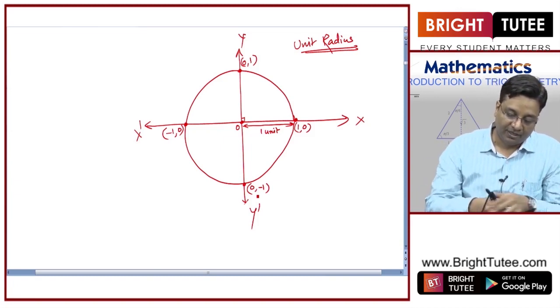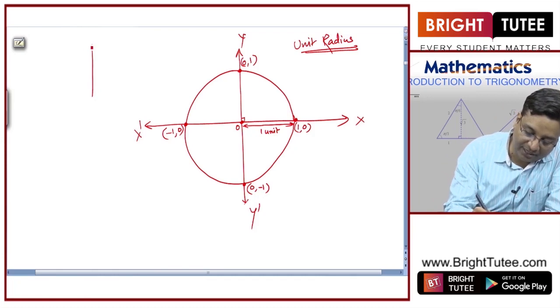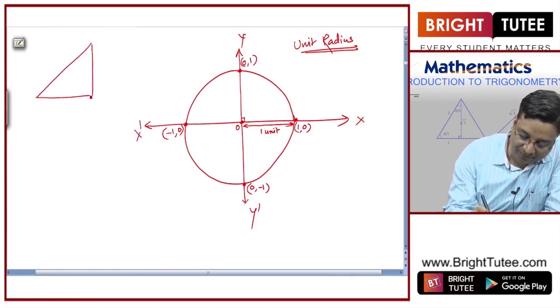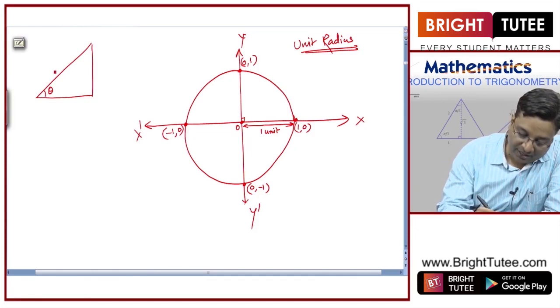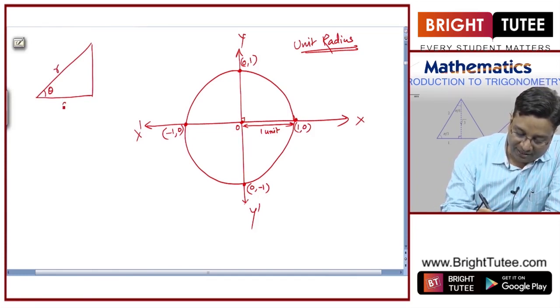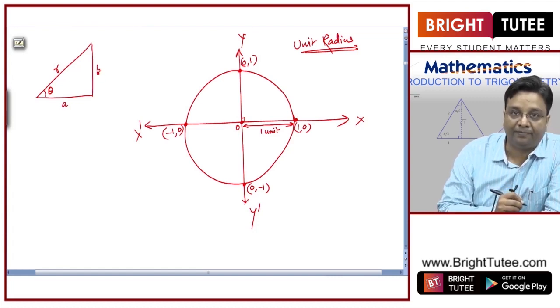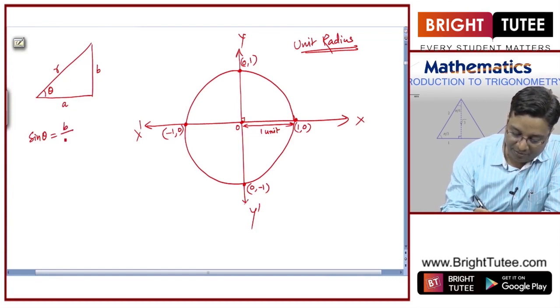One more thing, when we made a triangle, let us make a triangle once again. This is theta, right. Let us say this is r. Okay. For a while, let us take this as a and this as b. So what is sine theta? Sine theta is opposite b by hypotenuse r.